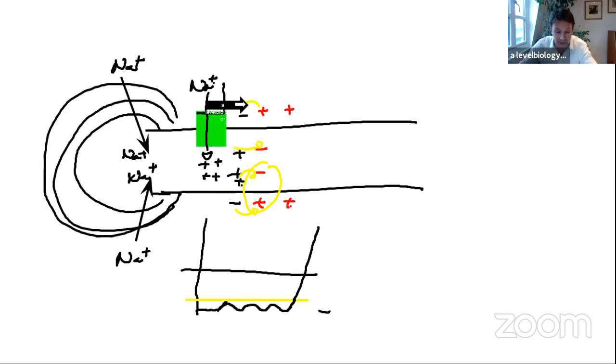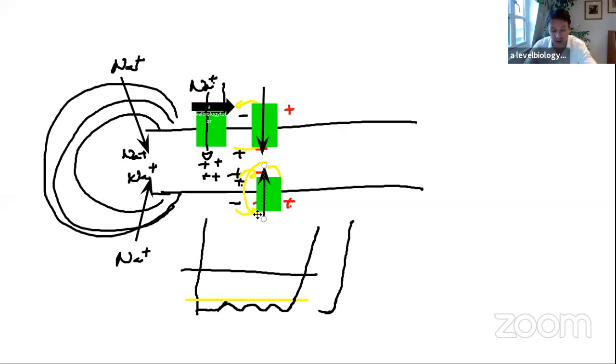And these ones here will be attracted more this way. So that will mean that at the next part of the axon along, the potential difference will rise over the threshold level. So the next voltage-gated sodium channels will open, and then more sodiums will come flooding in at that point, because the next part of the axon reached the threshold level.